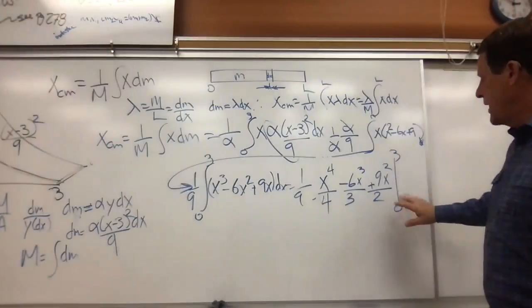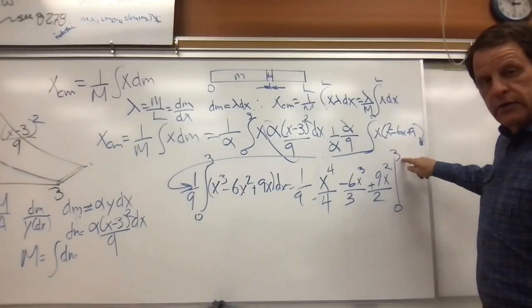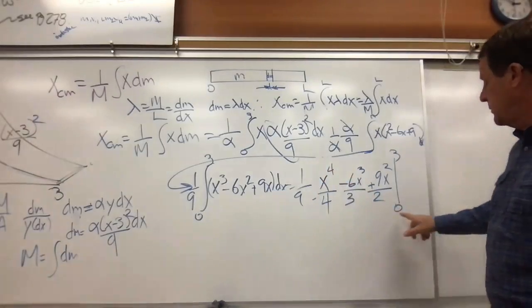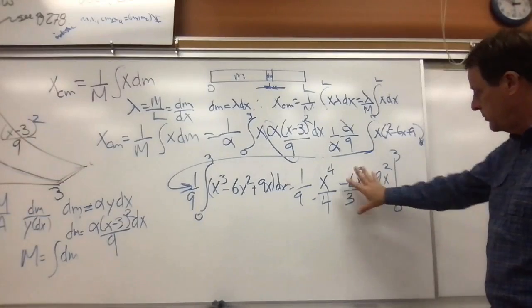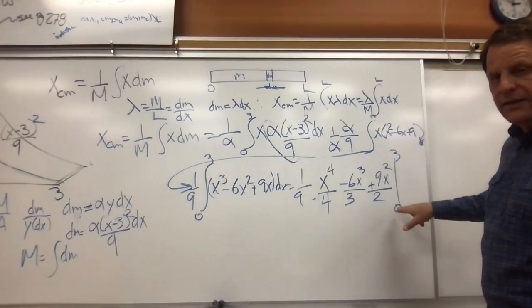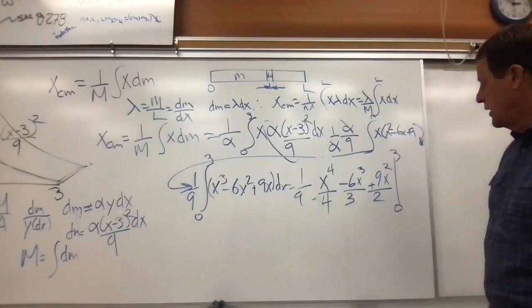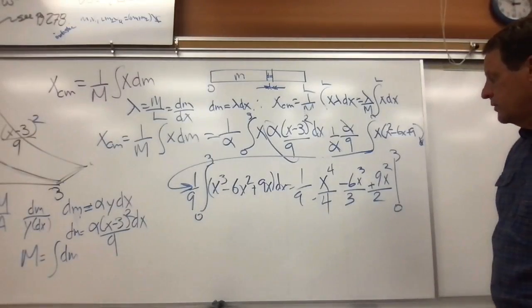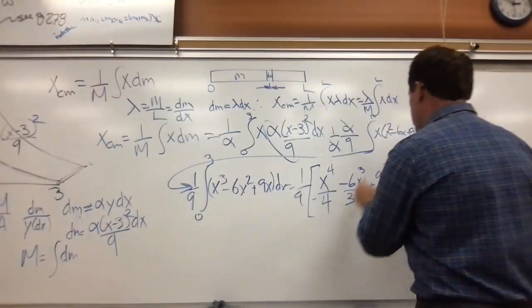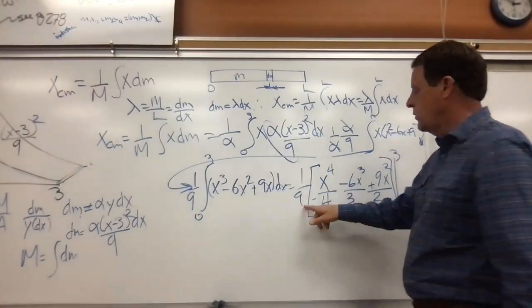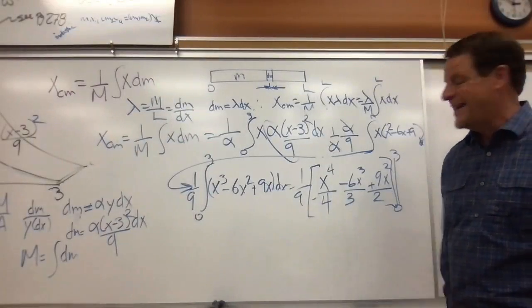Again, we're going to take this variable, plug it into everything, minus when we take this and plug it in. Again, easy, because when we plug 0 in, it is going to cancel everything out. And then at the very end, we're going to multiply by 1/9 here.